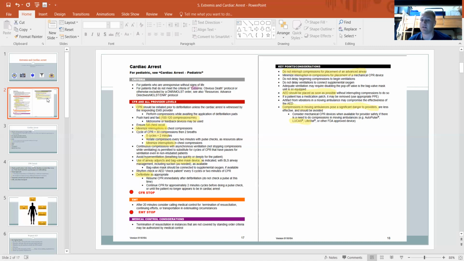However, if it's a traumatic arrest, so a cardiac arrest caused by trauma, then you're going to load and go, request ALS, and do an ALS intercept en route. In addition, it's extremely important to make a medcom note for cardiac arrests or any of the other cases covered in this training.